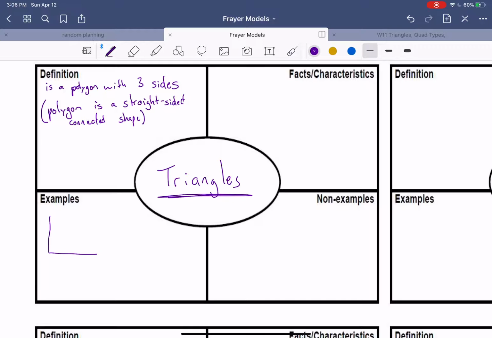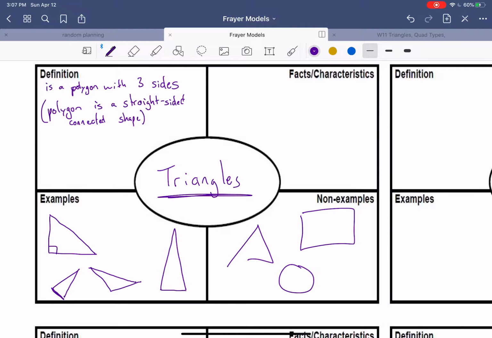Examples: we have right triangles, acute triangles, obtuse triangles, scalene triangles, and isosceles triangles. Non-examples: if we have 3 sides that aren't connected, a 4-sided shape, or a circle, all these things are non-examples.